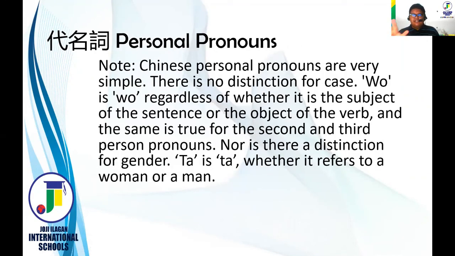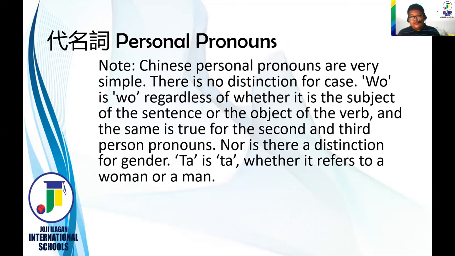So remember, this is a note that was mentioned in the audio file. Pronouns in Mandarin Chinese are very, very simple. It doesn't regard case or form. So when you say the first person 我, it is still 我 regardless of whether it is a subject or part of the object.